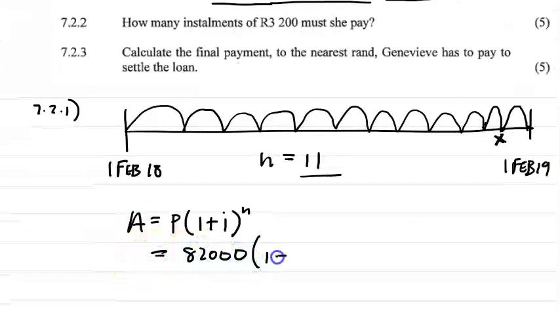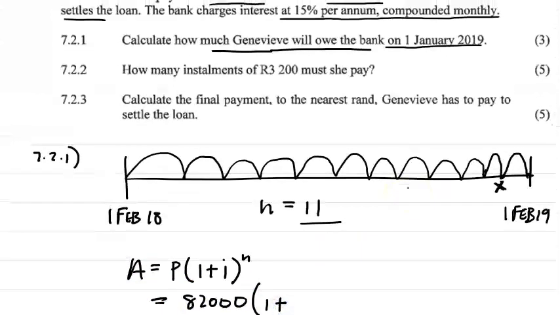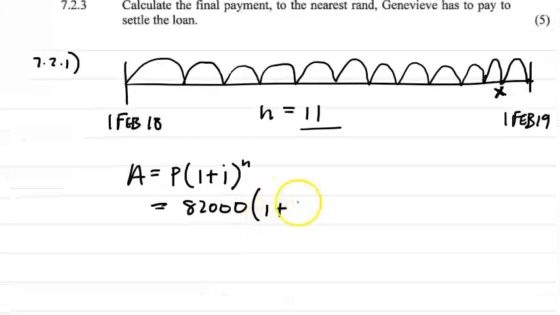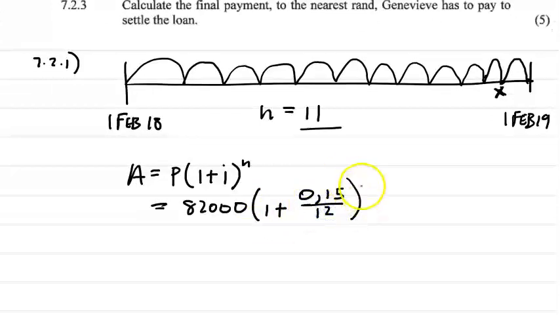So 82,000 into 1 plus, and the interest is 15% per annum compounded monthly, so 0.15 over 12, to the power n, and n will be 11 because she's now delayed the payment by 11 months. Remember, n is equal to 11.